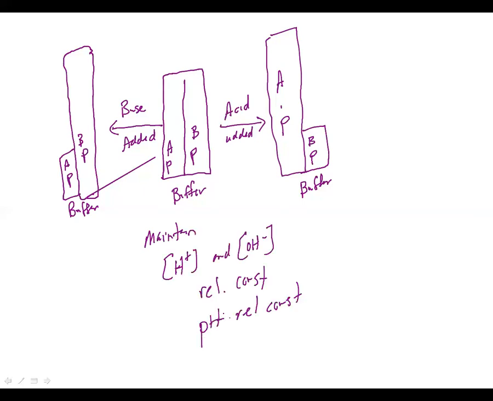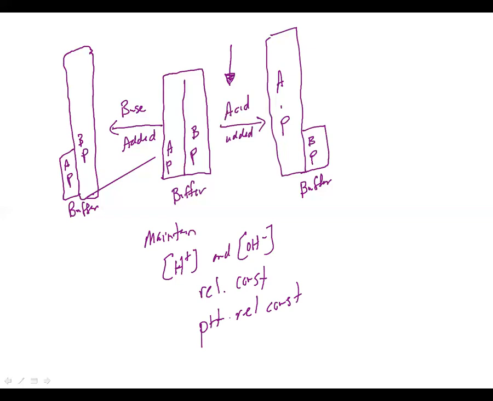It also means that buffers do have a buffer capacity. Let's say, for example, you didn't read the instructions, which I'm sure would never happen to anybody here, but let's just say you grabbed off the shelf the 18 molar hydrochloric acid instead of the 0.1 molar. Or you just kept adding acid and adding acid.